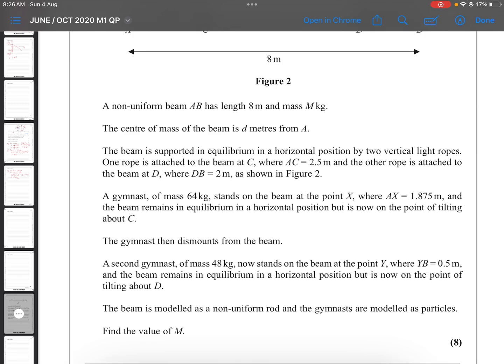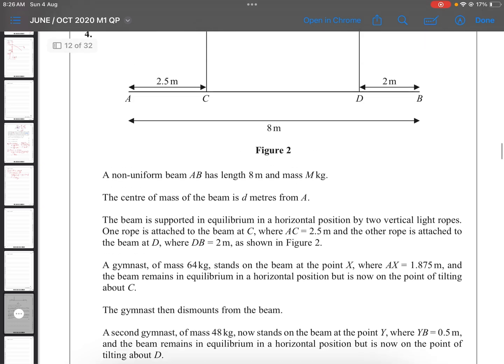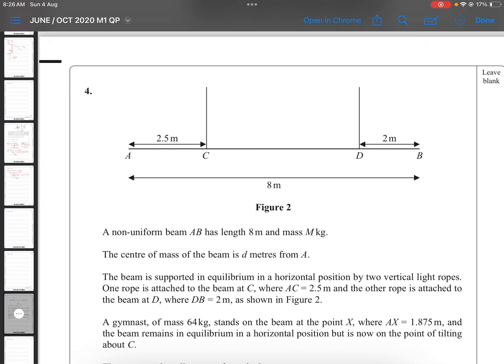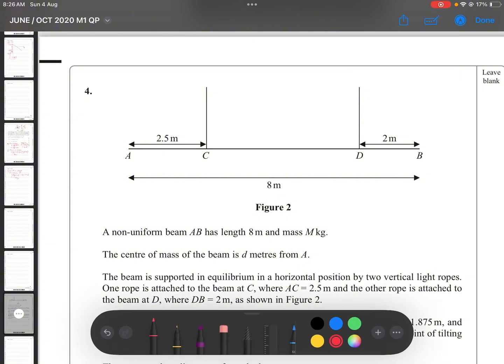The most important fact over here is that it is a non-uniform rod. A non-uniform rod has the center of mass not acting in the center. When it's a uniform rod, the center of mass mg would be acting here, 4 meters this side and 4 meters this side, with equal distance from A to the center of mass and from B to the center of mass.